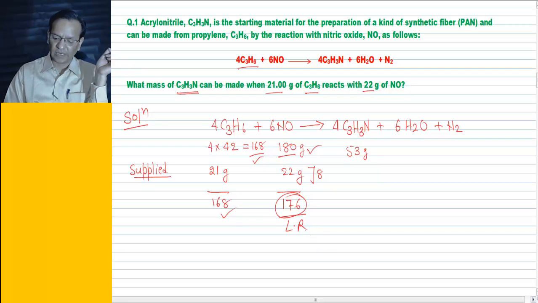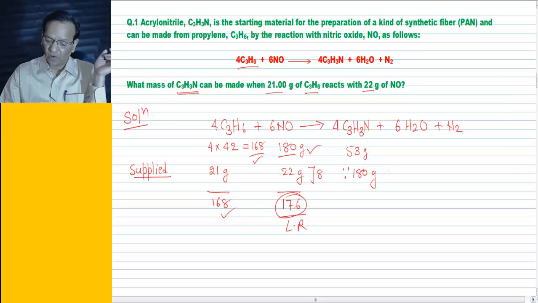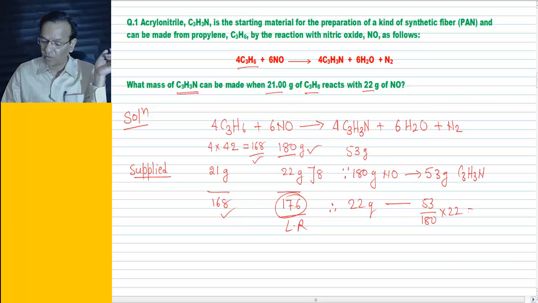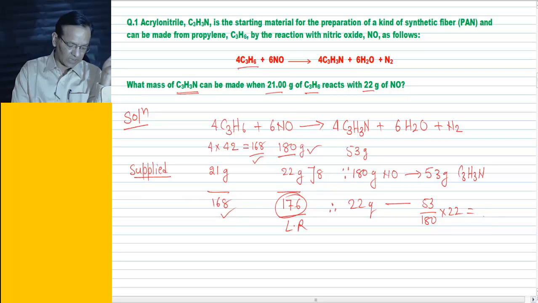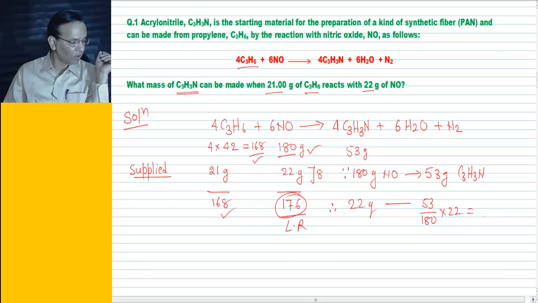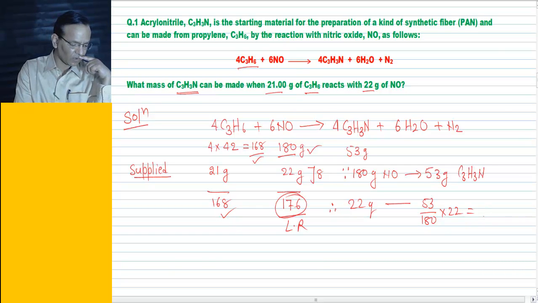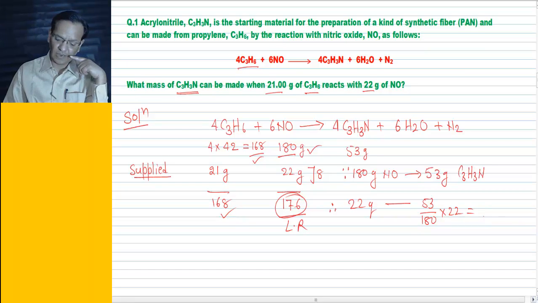So once we know the limiting reactant, now we have the relation. Since 180 gram of NO gives 53 gram of C3H3N, acrylonitrile, 22 gram of this will give 53 upon 180 into 22. Just a moment.